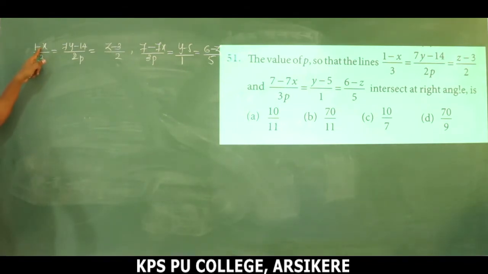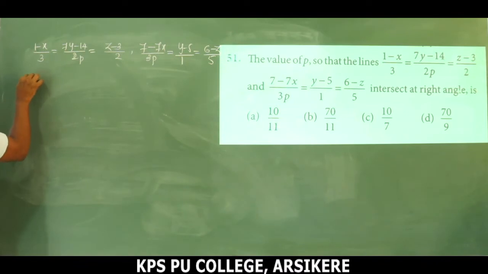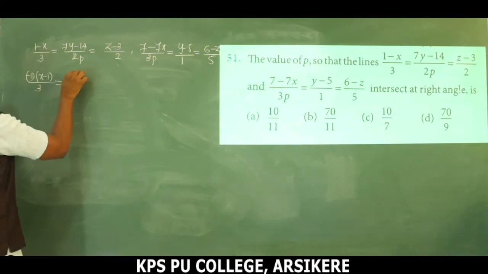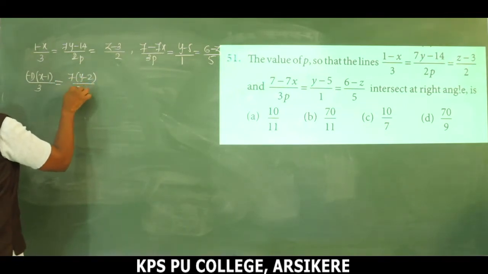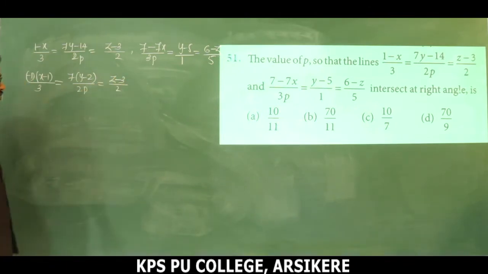Here we have 1 minus x, but we need x minus x1, right? So take minus common. If I take minus common, we are left with x minus 1 in the first term divided by 3 is equal to, here also I take 7 common, y minus 2 divided by 2p is equal to, there is no change in this term, z minus 3 divided by 2.